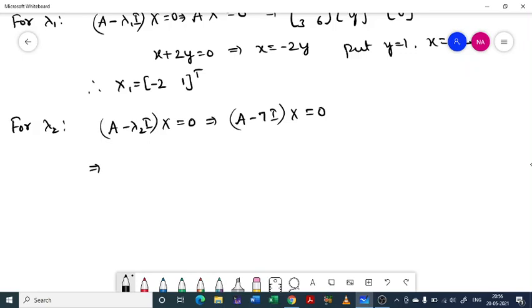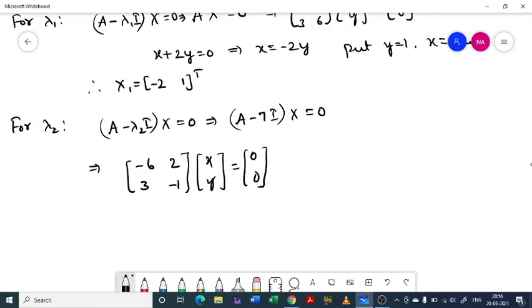So 1 minus 7, you get minus 6, 2, and it is 3, 6 minus 7, so minus 1, into x y equal to 0 0.